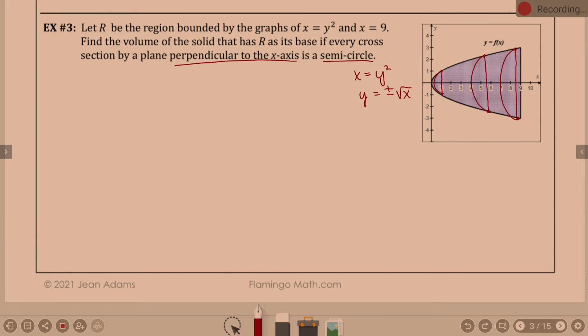Again, because we are perpendicular to the x-axis, these are y values, right? That's a y value. And because this one goes above and below the x-axis, that's a y value, correct? Okay.